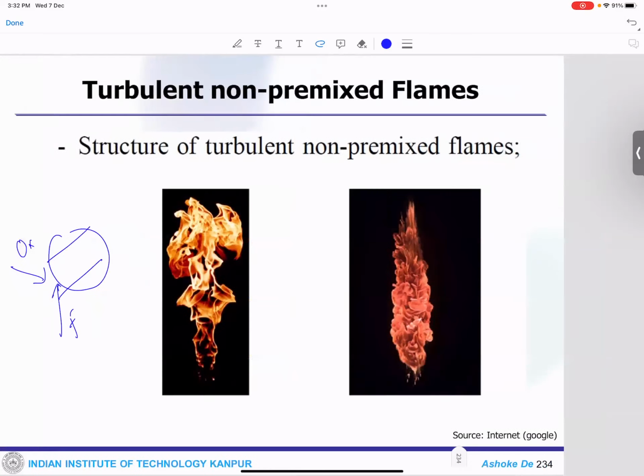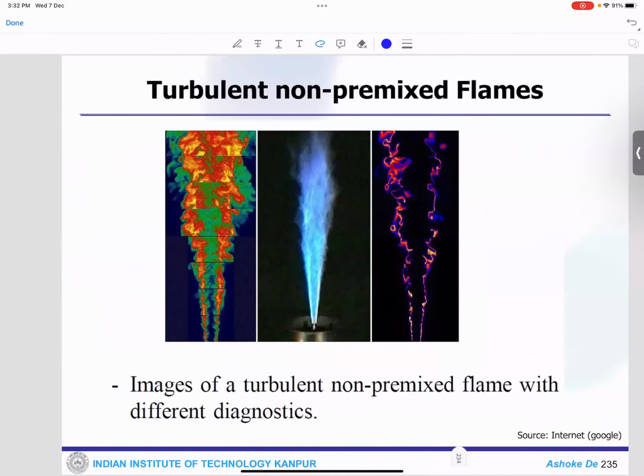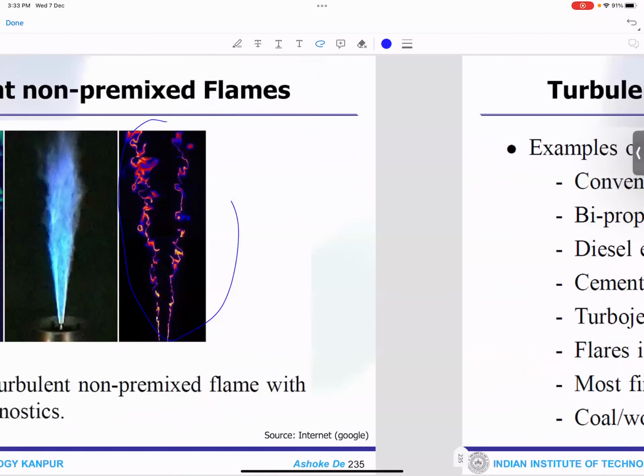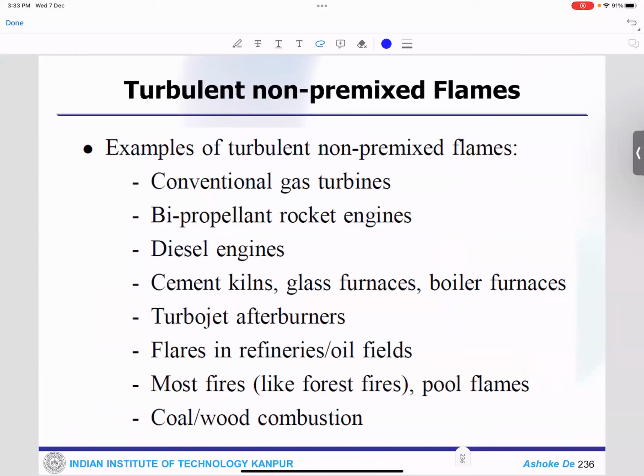And this is a typical flame structure. This is another experimental flame structure, which shows you the OH radical along the flame front. It is a nice canonical burner, and you have a wide variety of applications.